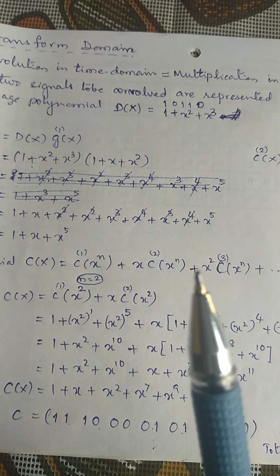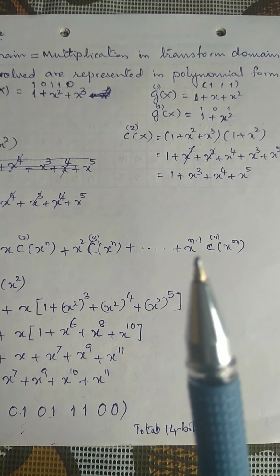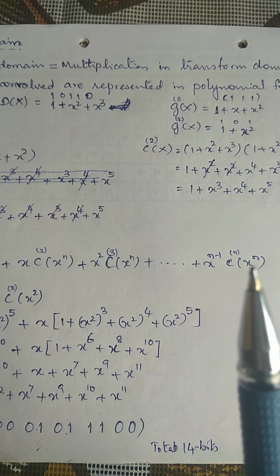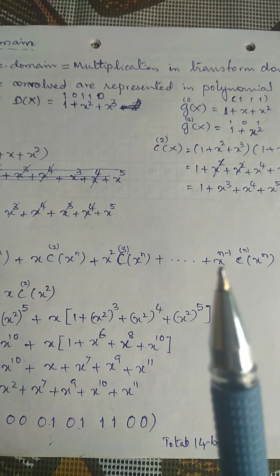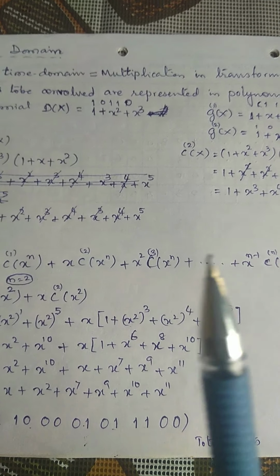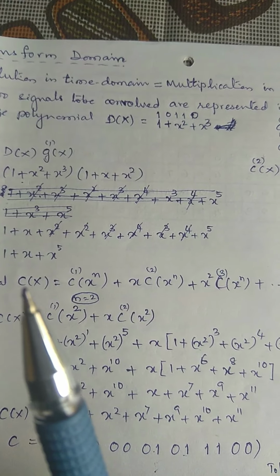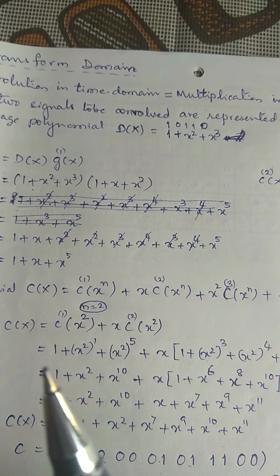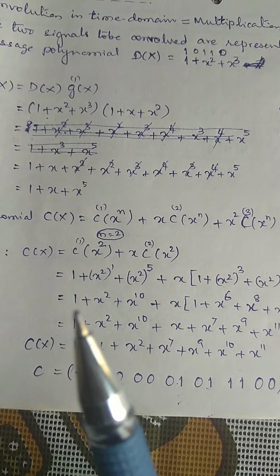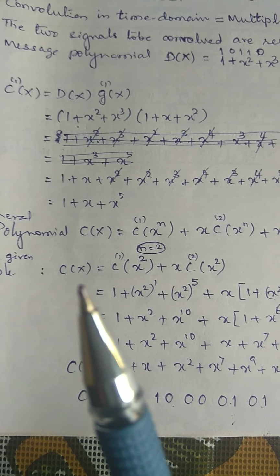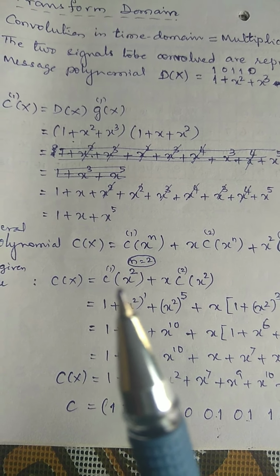If you evaluate this expression, we arrive at the code polynomial, and translating it into bits, we get the convolution codes.